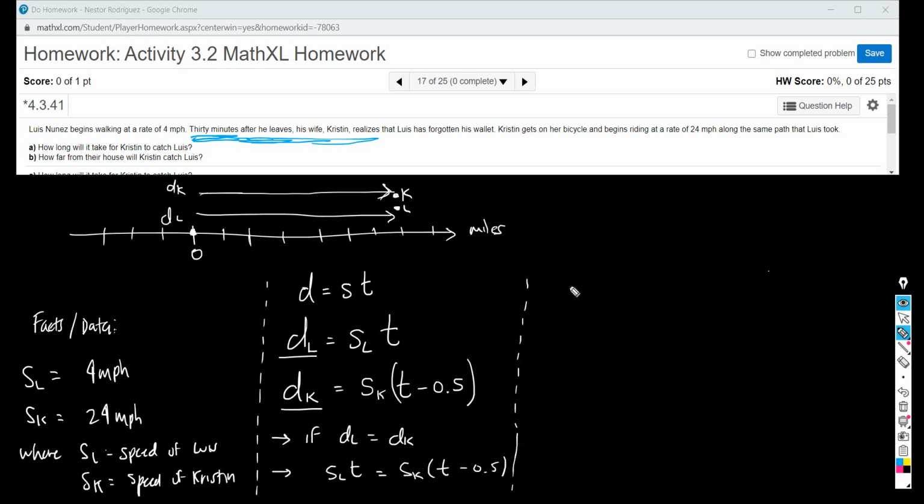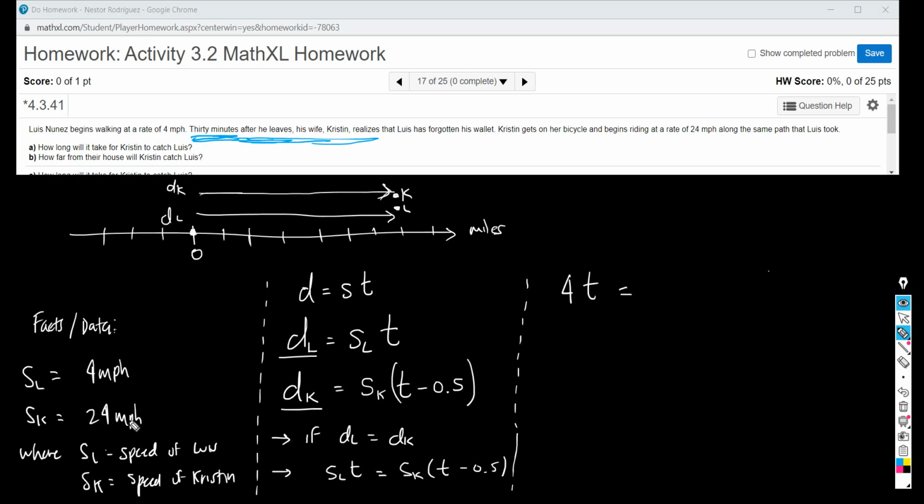We continue here. What is SL? It's 4 miles per hour. So 4 times t. Remember, if there is no ambiguity, you can actually ignore the units for simplicity. It may not be precisely the best idea, but you can do it if there is no source of confusion.